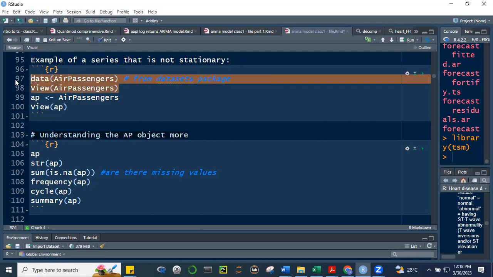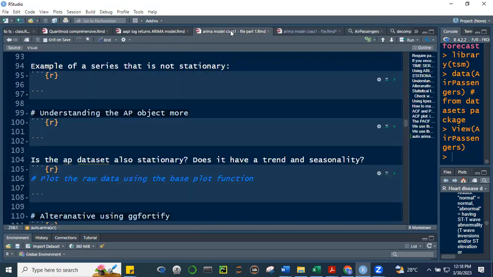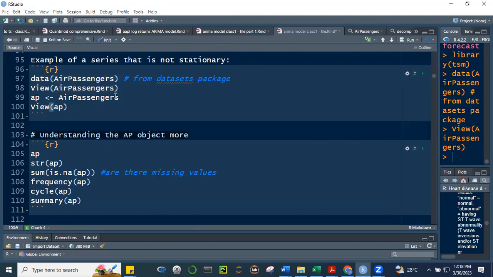Run ko itong dalawang to. Okay, so ito yung airline data, no? So it's only a vector consisting of, konti lang pala, 144 data points, no? Okay, where was I? Okay, then let's rename our air passengers. Mahaba kasi. Just use AP, air passengers.